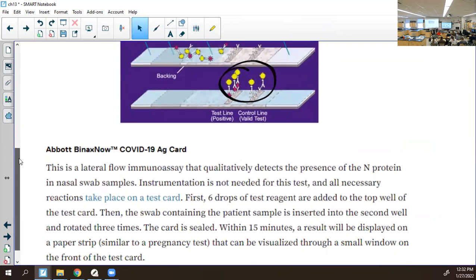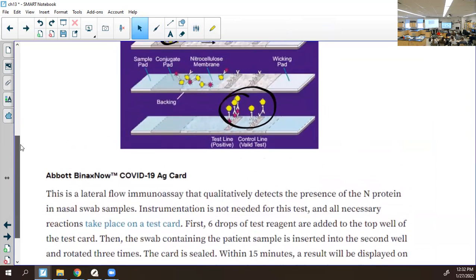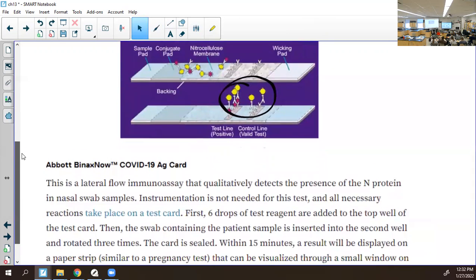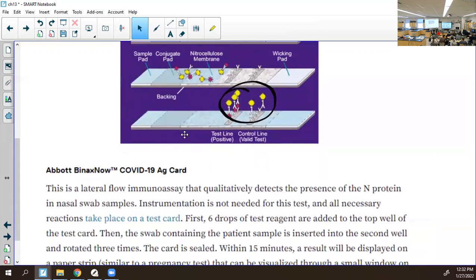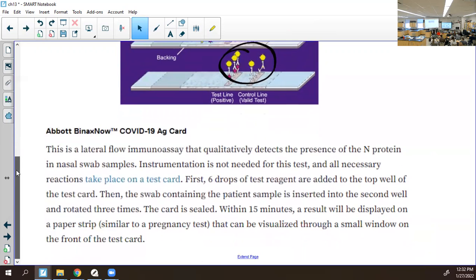So the yellows are there. Those are in our bodies. The red spikes are here. You'll only get a positive if you have the red spikes that bond with this test line. But you get this line here to prove that the process has actually worked. Does that make sense?